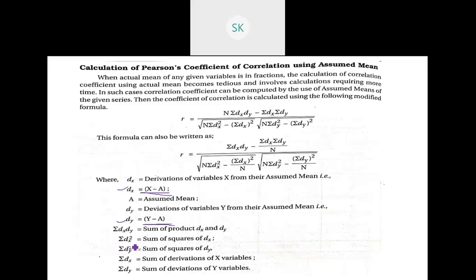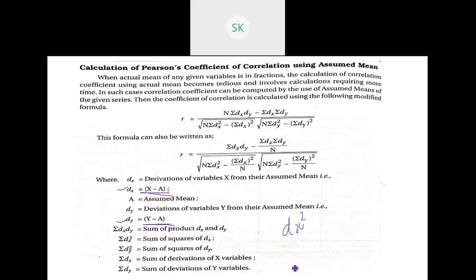Next, dx square. You have to take the sum of the squares of dx, which means you square all the values that you get in dx, and then you get dx square. Next, dy square.